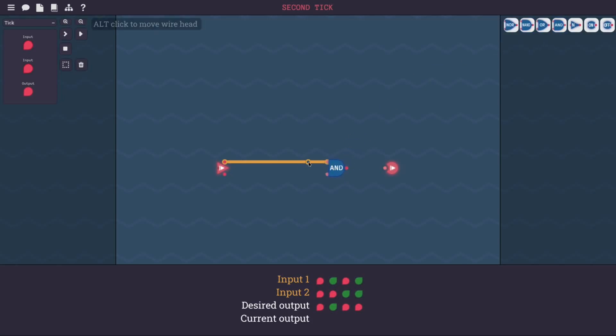If this is off, then this will output on. So if this is off and this is on, this turns on. Turn this on, it goes off. This off, off. See, now the only way that it's on is with this exact desired output. Then, bam. And let's run that.